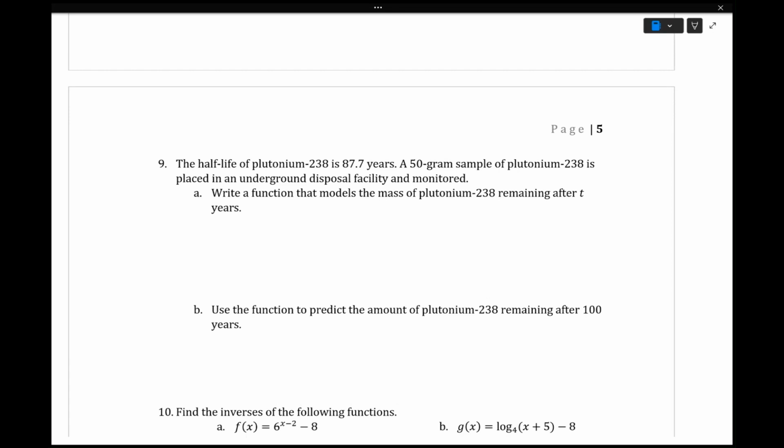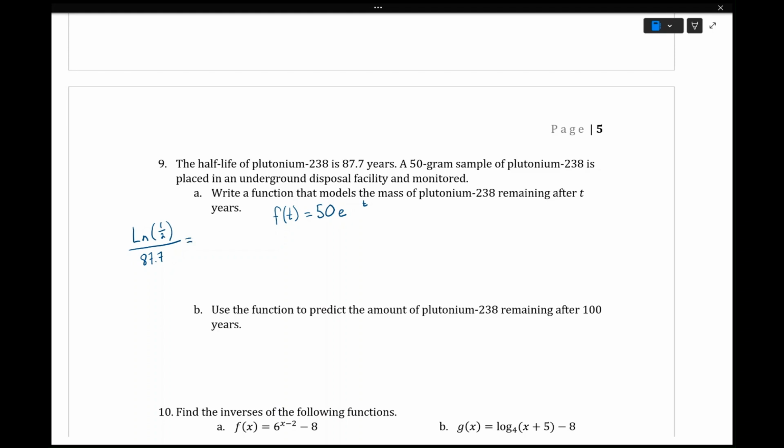Now, there's two ways to do this. One way is to force E to come in there. And we know that our function should be, let's see, we start with 50 grams, so that goes there. E, and we need something times t. Now, how do we figure that out? Well, it turns out that that something is always going to be natural log of 1/2 divided by the half-life, so 87.7.